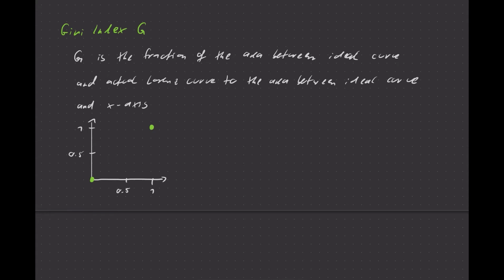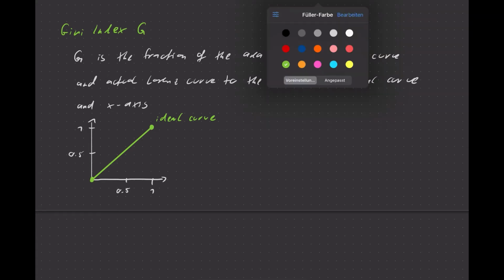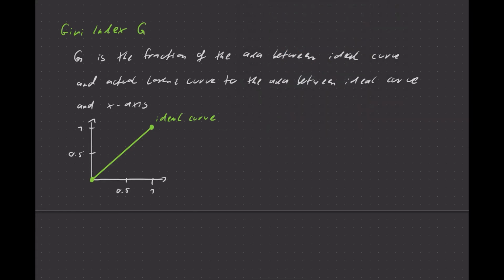The ideal Lorenz curve is then this here. That is the ideal curve. Let's say the real curve lies somewhere below that, and also starts at 0 and ends at 1, 1. So that could look like this, for example. And that is the actual Lorenz curve.